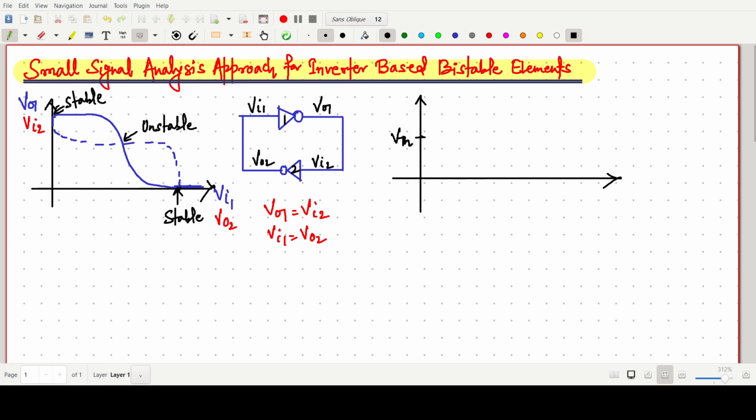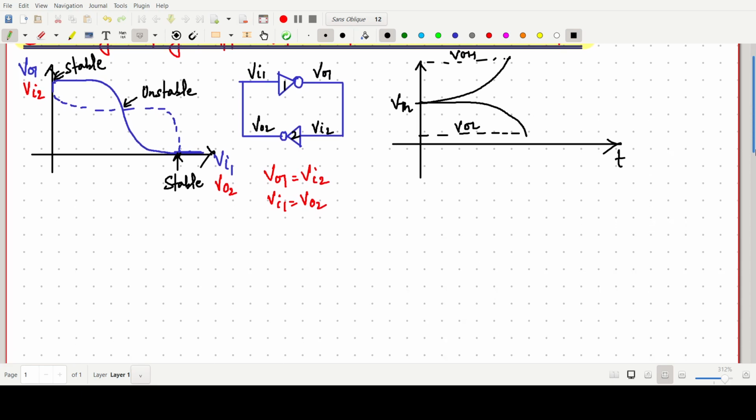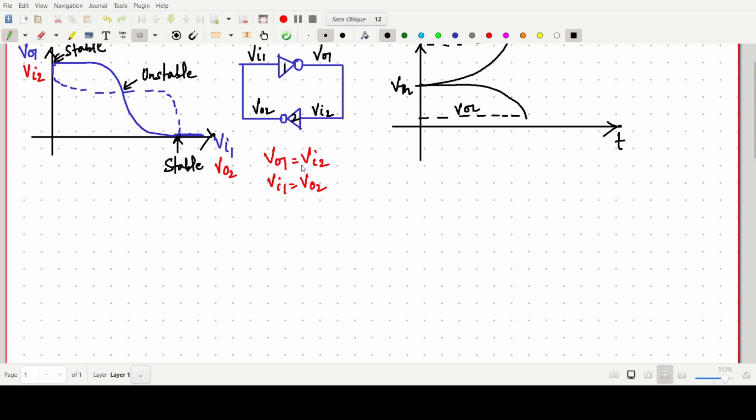It will go to either side: one output will go up to VOH, and the other output will go to VOL. That we will try to find in the time domain. So this is some basics. Now we will go for a small signal analysis model for this particular bistable circuitry.